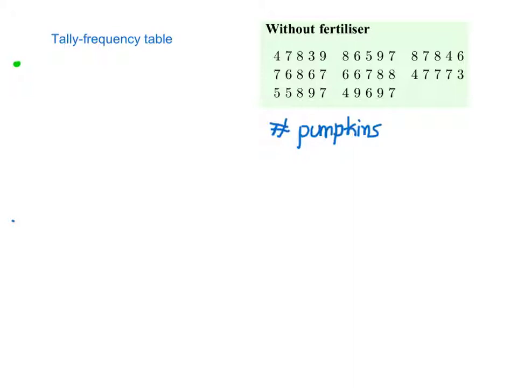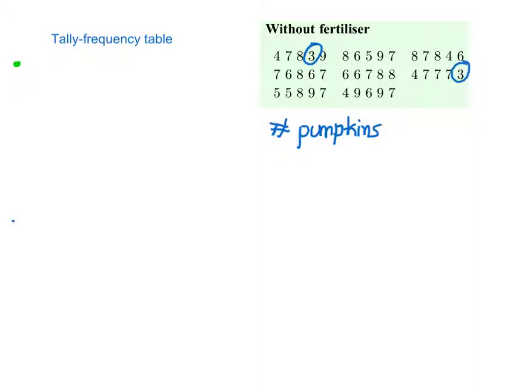In the tally frequency table, we're going to look at how many times each number occurs. So let's start with number 3, which is the lowest number. And we can see that the number 3 occurs twice. That means there were 2 patches where 3 pumpkins were grown without fertilizer.